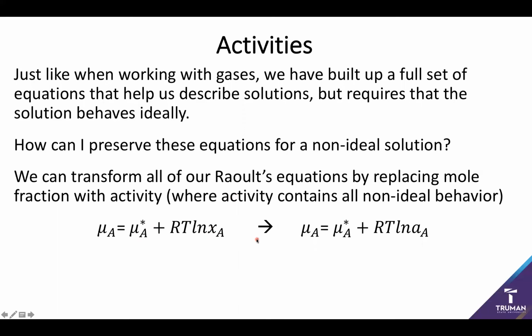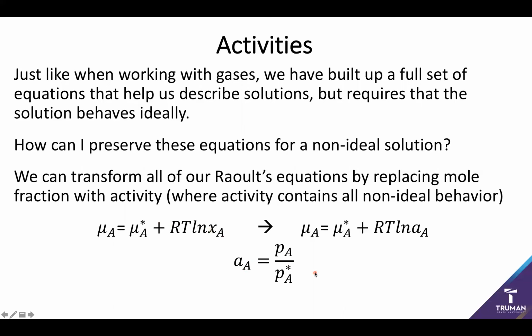This equation was supposed to be represented by the vapor pressure of the system. So specifically, the original equation had RT natural log of the vapor pressure of the real mixture over the vapor pressure of the pure system. And we realize that that actually maps onto the mole fraction fairly well.